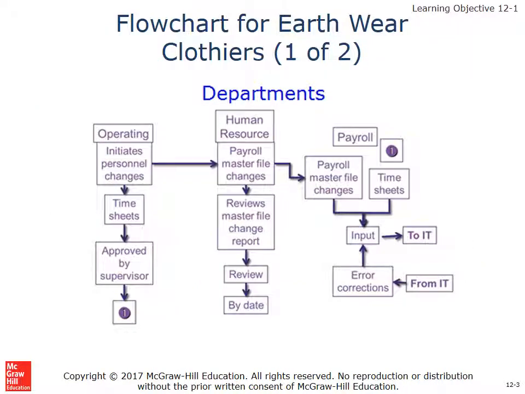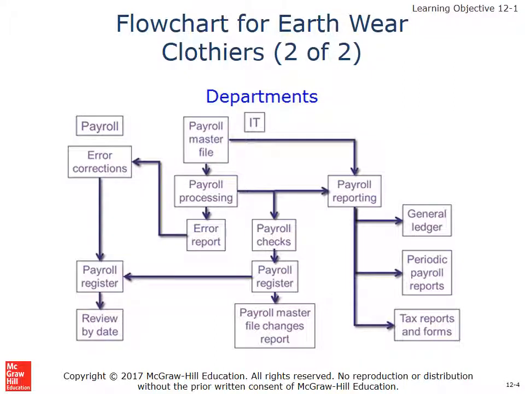So in your book on page 424 is a picture of Earthware's flowchart for their human resource management. And there you could see that in the operating area specifically, that's where they initiate personnel changes, but it's actually human resource that is doing the hiring and turning their names over to the payroll for payroll input information, match up the employees with the timesheets that they prepare.